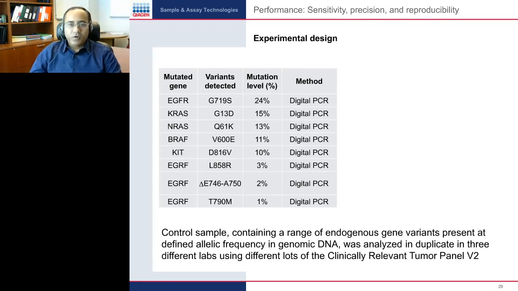And the data is here. We got very reproducible, precise data from all the duplicate experiments done in the 3 different labs, and we can see that our panel, along with the QIAGEN NGS data analysis portal, can reproducibly call mutation frequencies equal to or more than 10%.